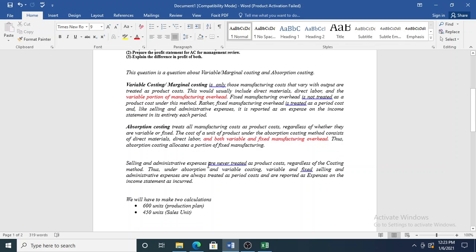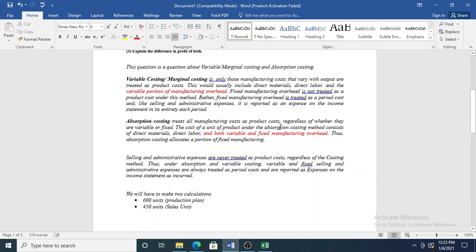But absorption costing treats all manufacturing costs as product costs, regardless of whether they are fixed or variable. It absorbs everything. So the cost of a unit of product under absorption costing includes direct material, direct labor, and the variable portion of manufacturing overhead like variable costing, but it also includes the fixed manufacturing overhead in it. So this makes it different from variable costing.